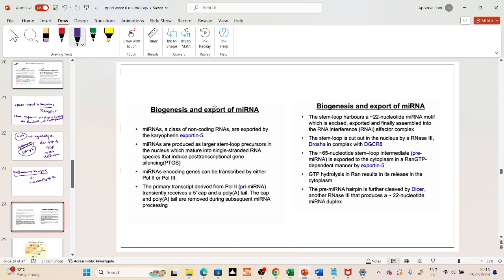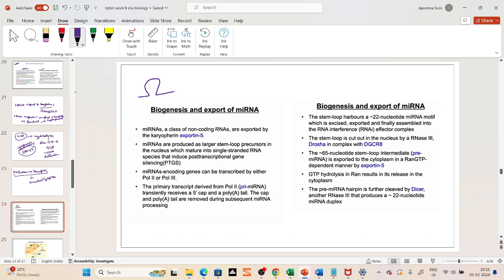Now we come to the biogenesis of microRNAs, how microRNAs are formed. I'm giving more attention to how miRNAs are formed. Basically, this is a stem loop structure.